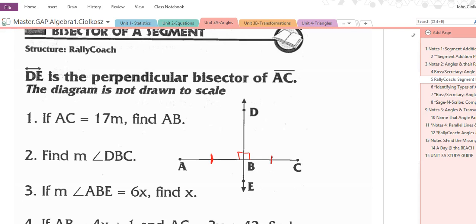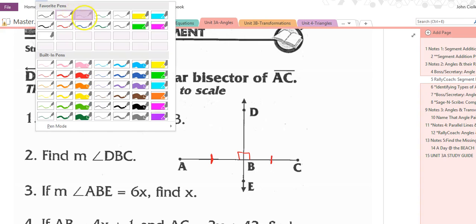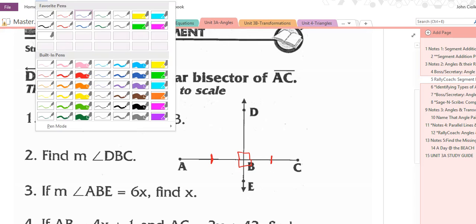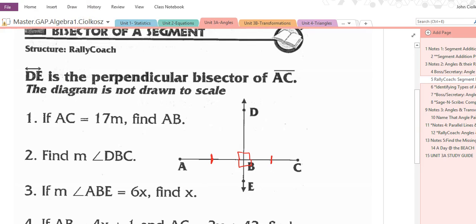So let's see. I'm going to leave that red on there because I know that those things are always going to be true. And then also, if these are right angles, these are right angles. So I'm going to do my work for each one here in blue, and again, kind of erase each time. So you want to make sure you're redrawing this picture for each problem. Okay, so AC, so I know from here to here is 17. I'm going to find AB.